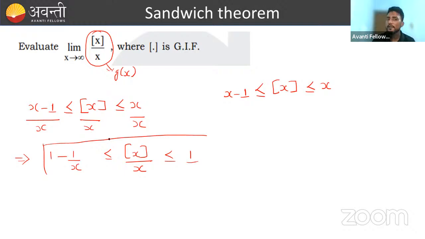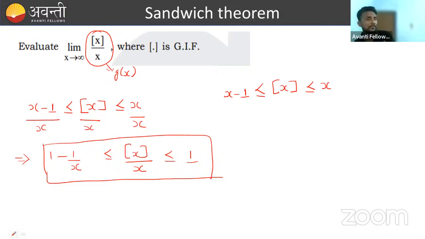Now if you compare with your sandwich, this is your f(x), this is your g(x), and this is your h(x). I know it is tough to find, but what we have done is created a sandwich between g(x) and h(x).